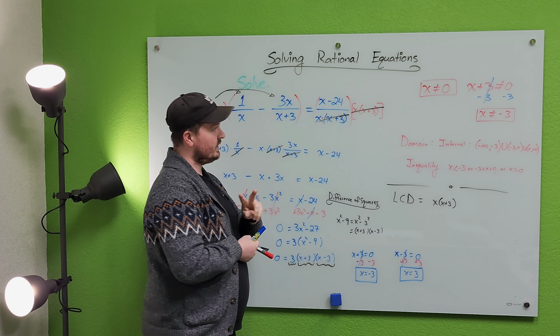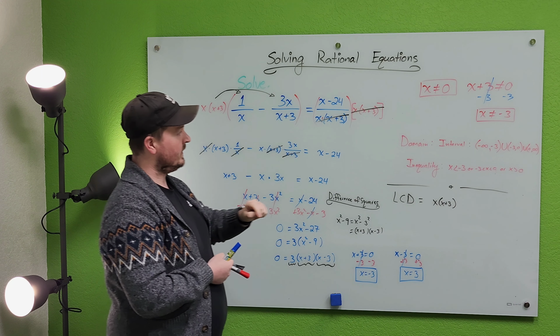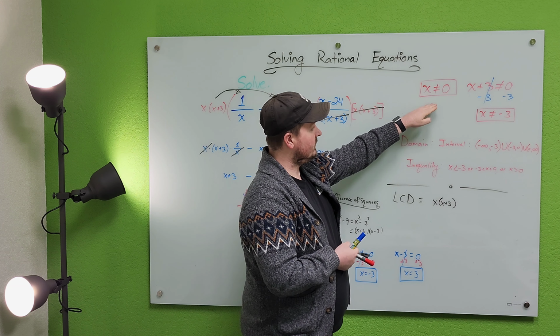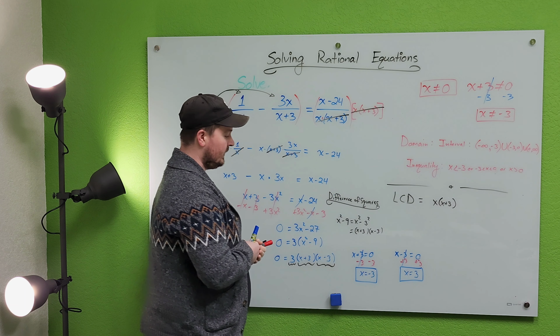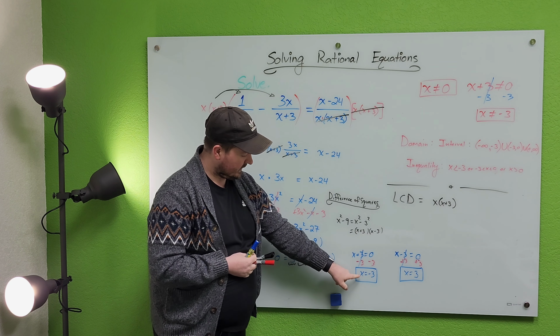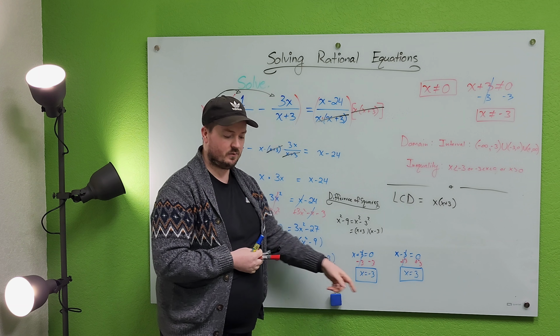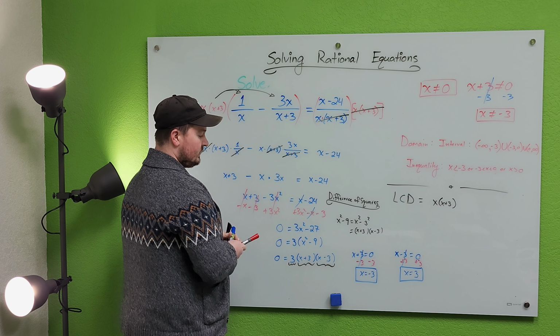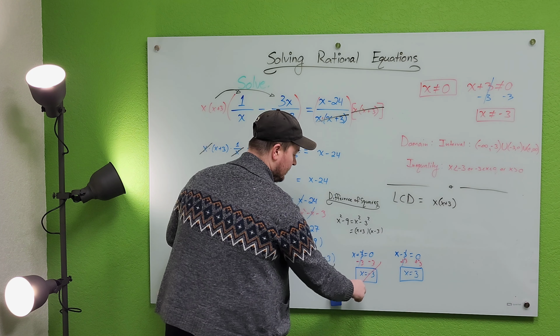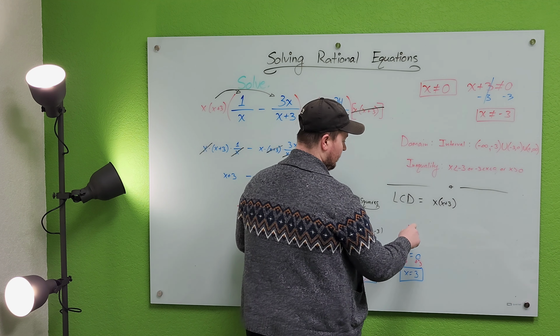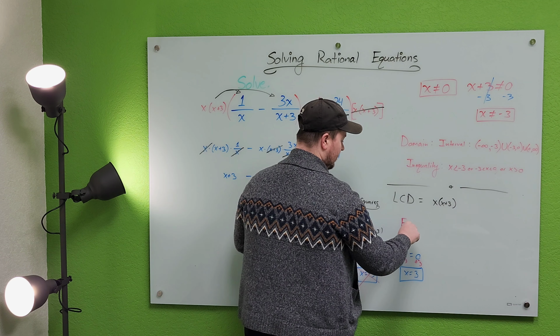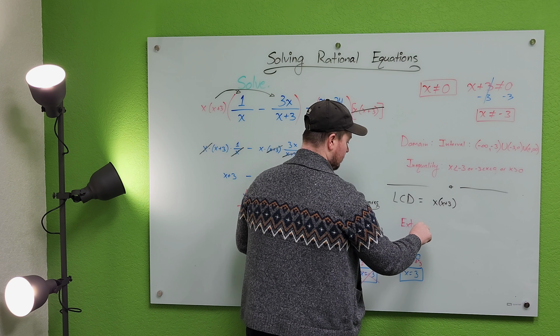So we can see the 2 values x is not allowed to equal. x is not allowed to equal 0, and x is not allowed to equal -3. But notice here, one of the possible answers we got was x equals -3. This one is not allowed. And the reason for that is it is what we call an extraneous solution.